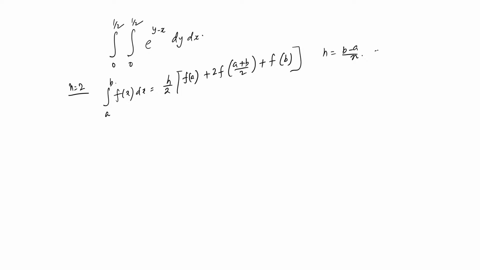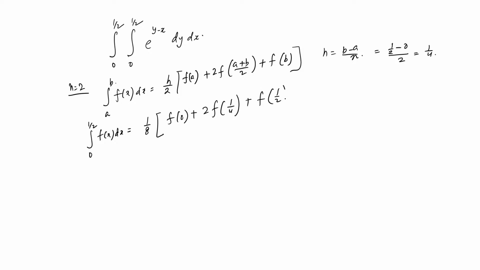Your h here is equal to (half minus 0) divided by 2, which is 1/4. So for the first integral, this simplifies to 1/8 times f of 0 plus twice f of 1/4 plus f of 1/2.